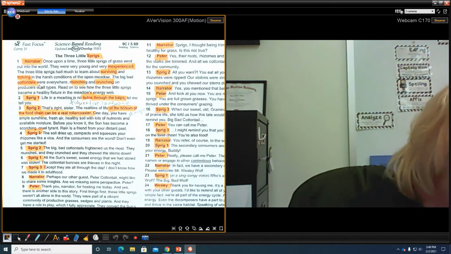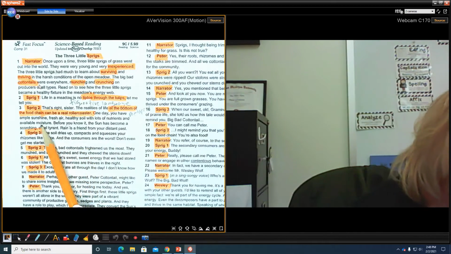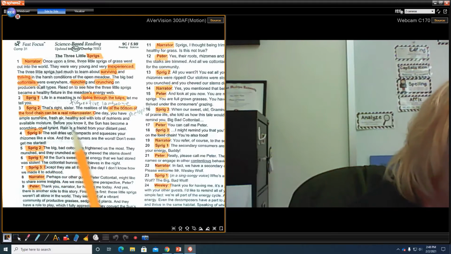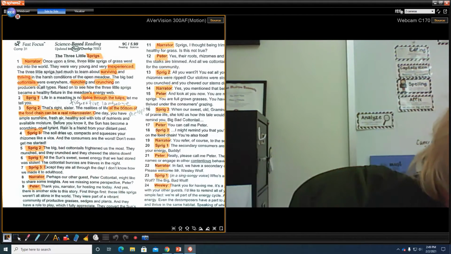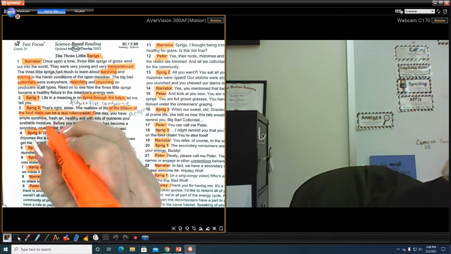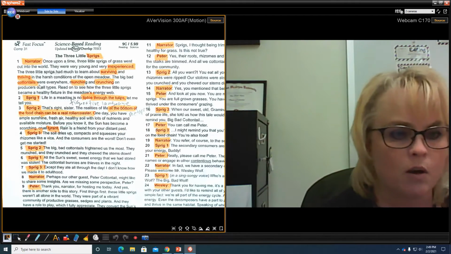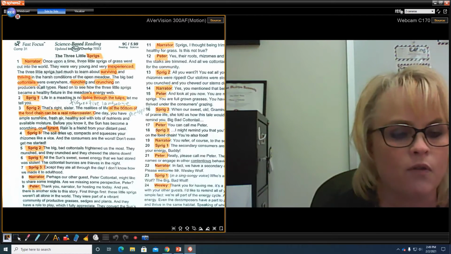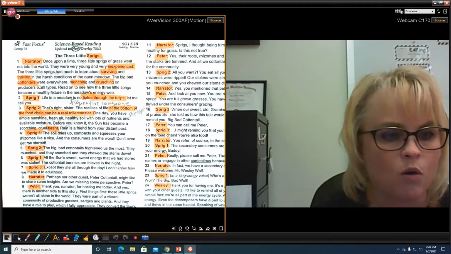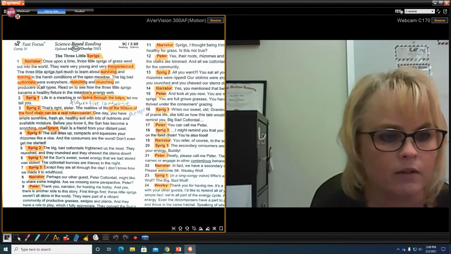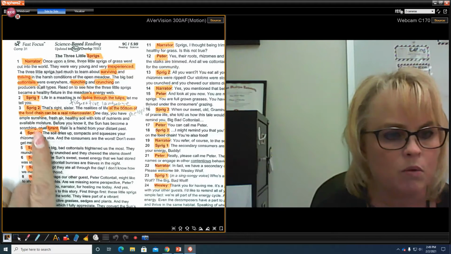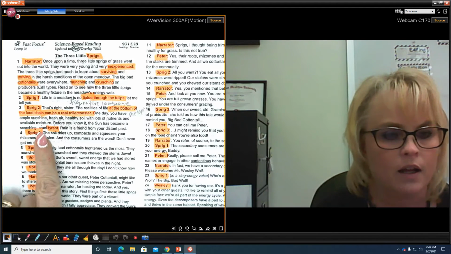Okay, well done. One day we have ample sunshine, fresh air, healthy soil with lots of nutrients and available moisture. Before you know it, the sun has become a scorching, cruel tyrant. I like this word tyrant. So using context clues, I'm going to figure out what that word means. It says that it's cruel.